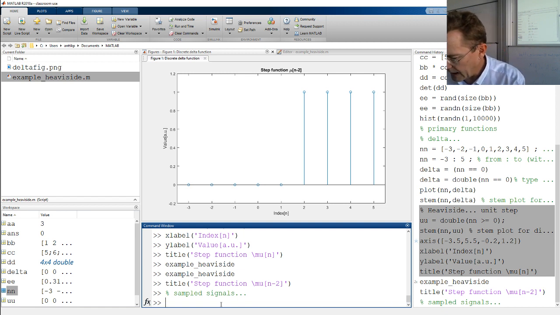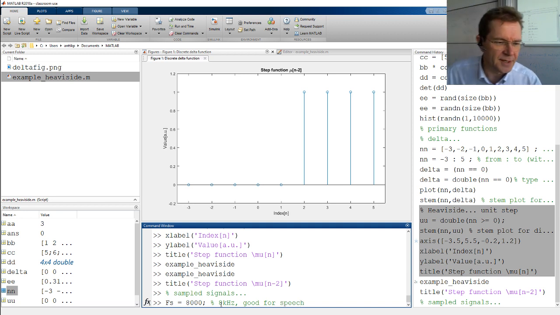So sampling rate 8,000 samples per second. Speech. There. And it still doesn't require all the resources from the microcontroller. Okay, this should be quite doable.